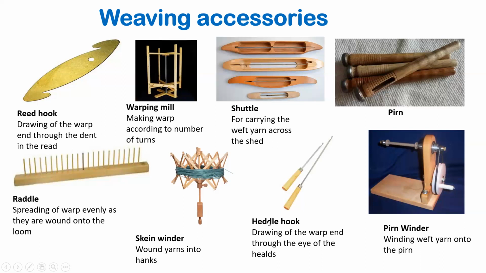We have the pedal hook, then the pen winder, which you use to wind the weft yarn, which we can put inside this shuttle. These ones are pens or empty bobbins, like the bobbins that we use in the industry.